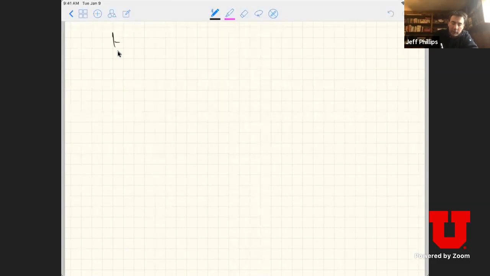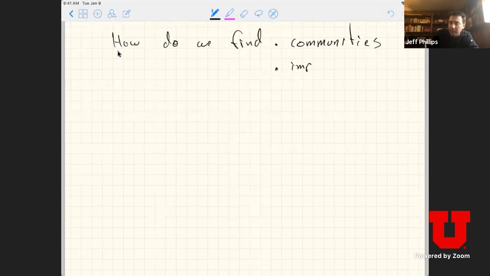So there are two questions that are important to ask. How do we find these communities, and how do we find important nodes and edges in the graph?